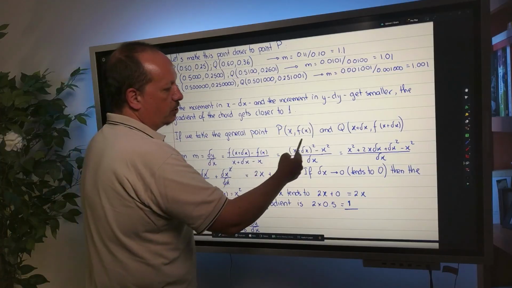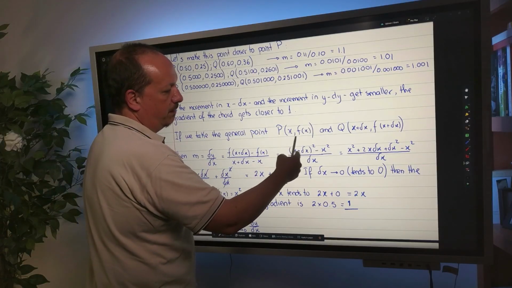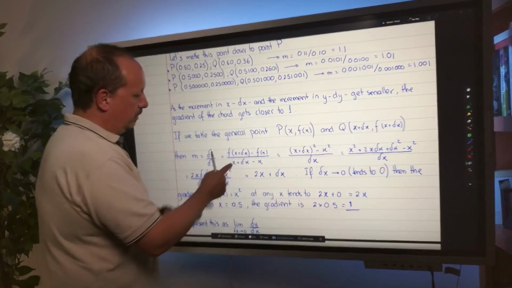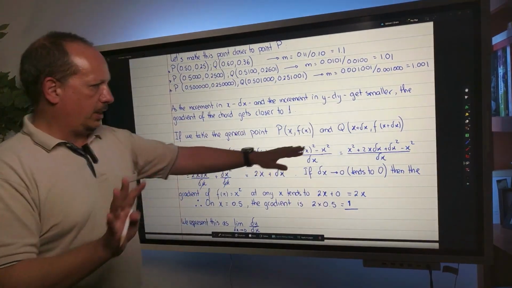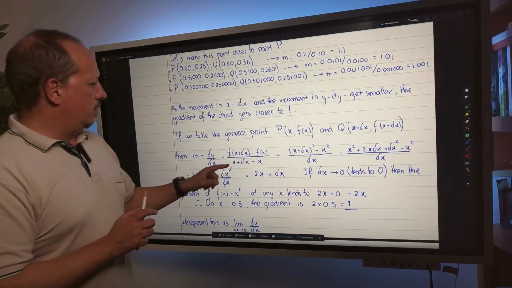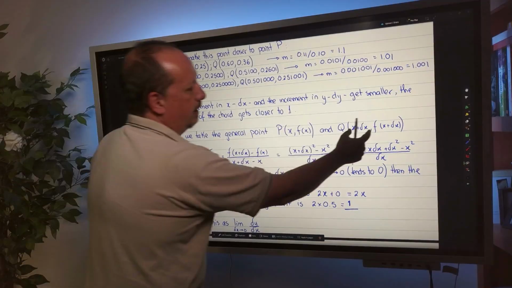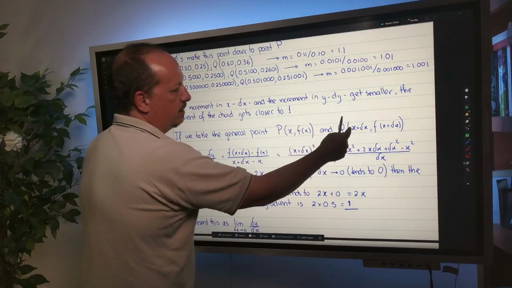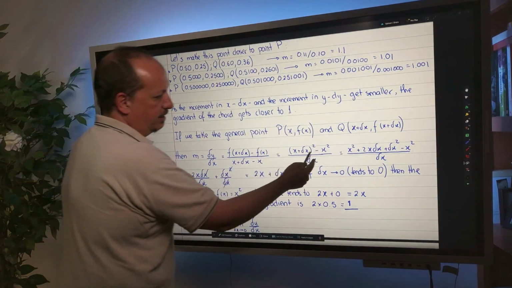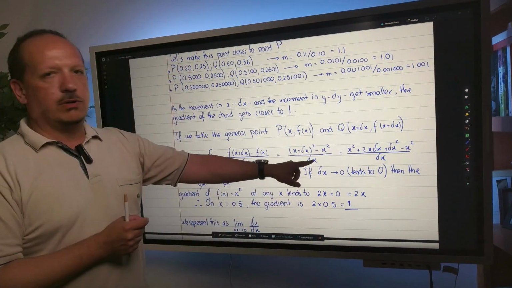Then I am just going to expand this, and this is what you get, all right? Before I move on with the numerator, I'm going to look at the denominator. So I'm going to have this bit minus this, so x plus delta x minus x is just delta x, all right?